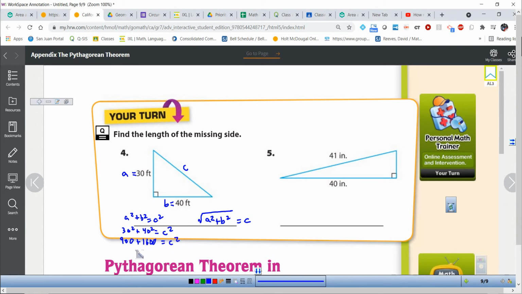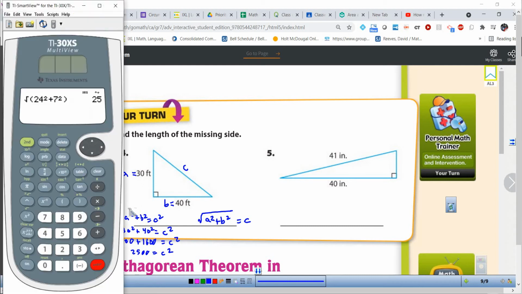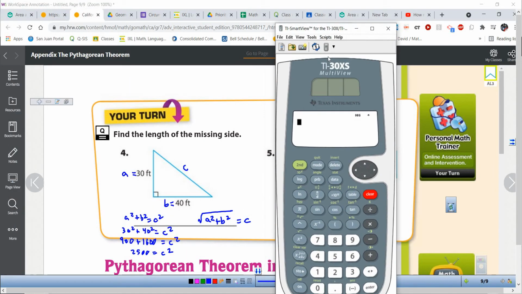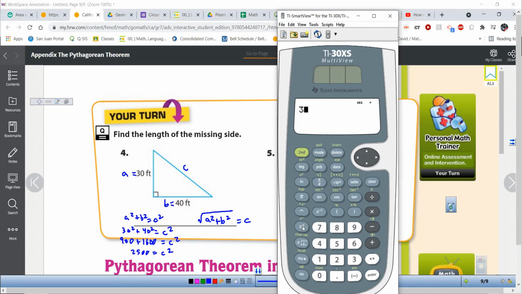Well, 9 plus 16 is 25, so I get 2500 is equal to c squared, right? So now I'm going to go to my calculator. All right, so let me put it in the calculator just to confirm this process. So we've got 30 squared, there it is, right? Plus 40 squared. I'm going to put those two together and I get 2500.